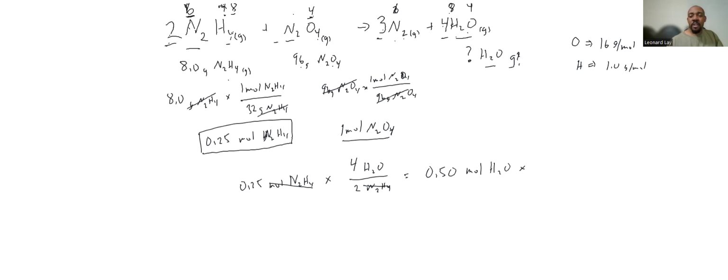And so, if we were going to get the full molecular weight of water, we would multiply this times 2, and that would give us 18 grams per mole. So if we multiply that, we'd have 18 grams of water over 1 mole of water. And those cancel out. And what that's left with is 9.0 grams of water.